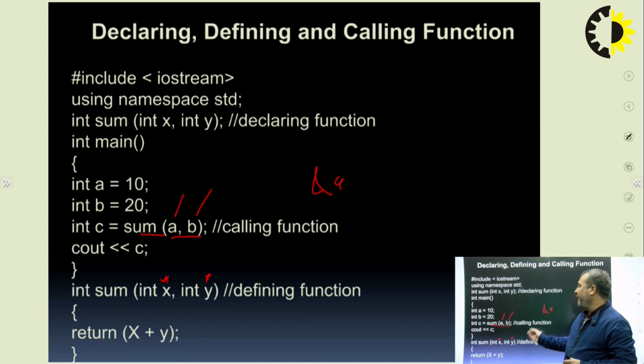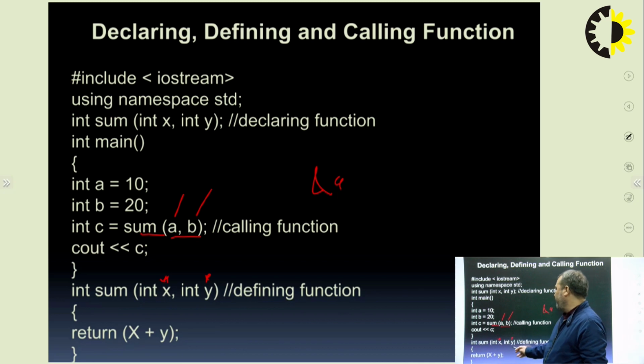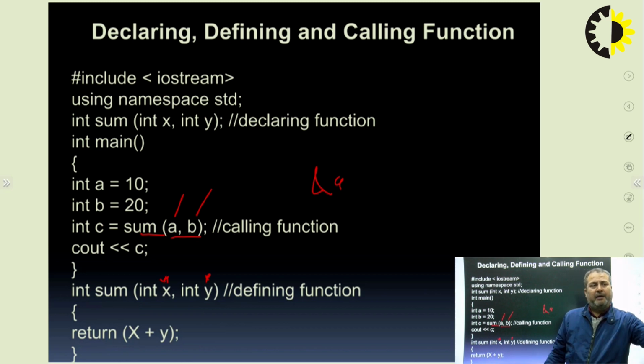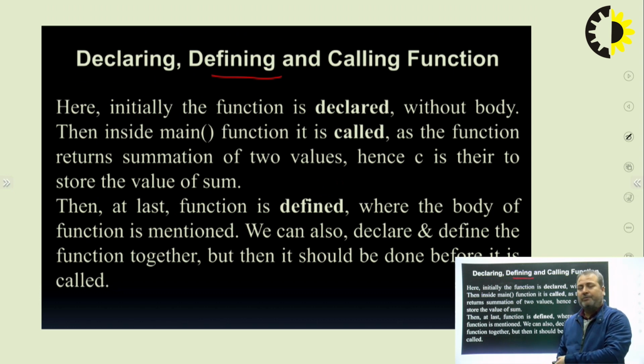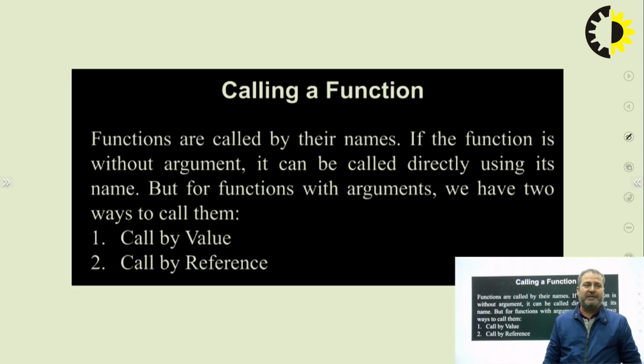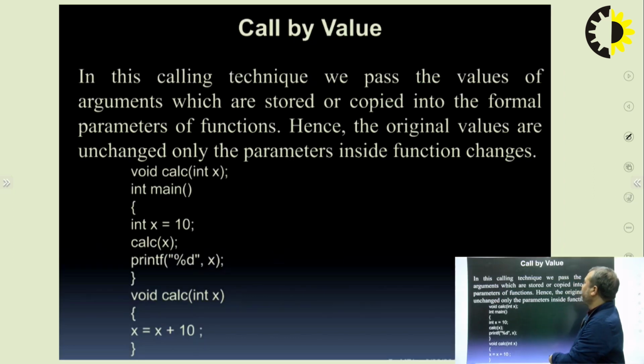In the formal definition, we have to mention x and y or any variable as a pointer. So we would have to return star x plus star y if you want the sum. So function call is of two types. If we pass the value of a variable, it comes under call by value. If we pass the address of a variable, it is called call by reference.